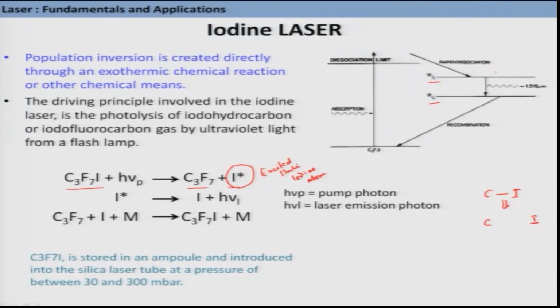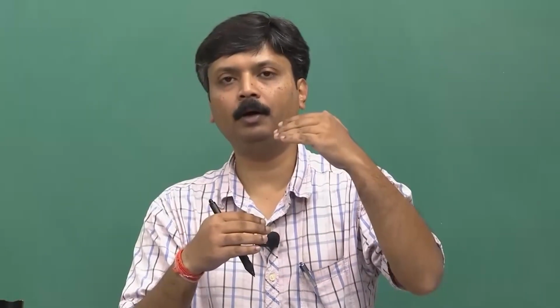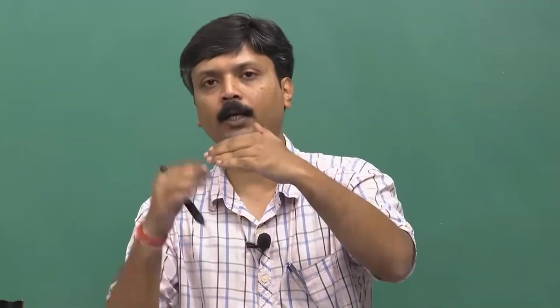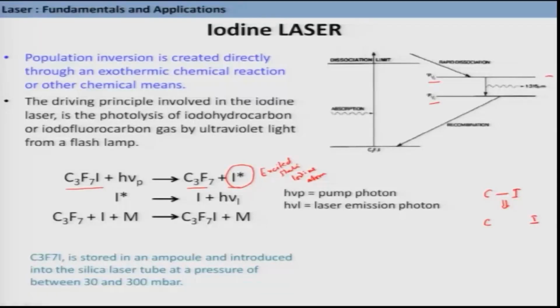The initial pumping will create iodine in the excited state, that is, it will form I star, and more I star will keep accumulating. So if you consider these two levels, this level will keep hosting I star, while the other level is nearly unoccupied.